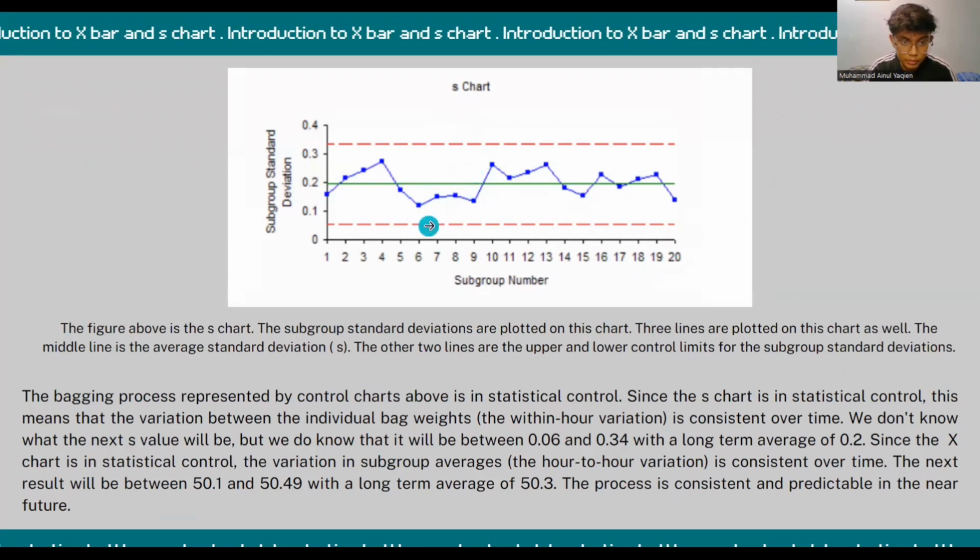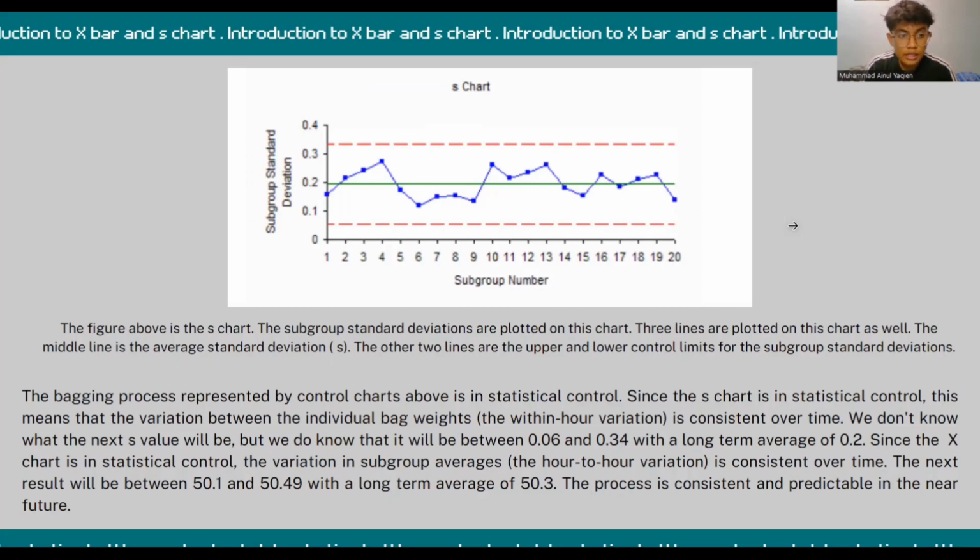So the bagging process represented by the control charts above is in statistical control. Since the S chart is in statistical control, the variation between the individual bag weights is consistent over time. We don't know what the next S value will be, but we do know that it will be between 0.06 and 0.34 with a long-term average of 0.2.